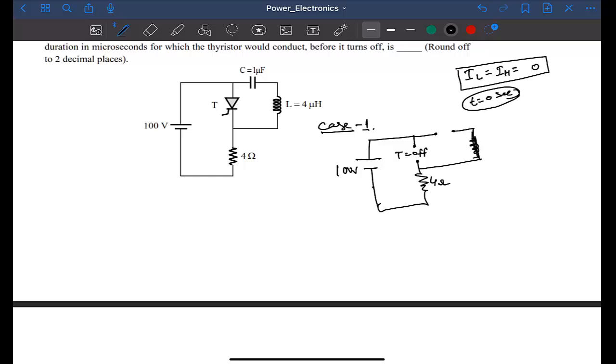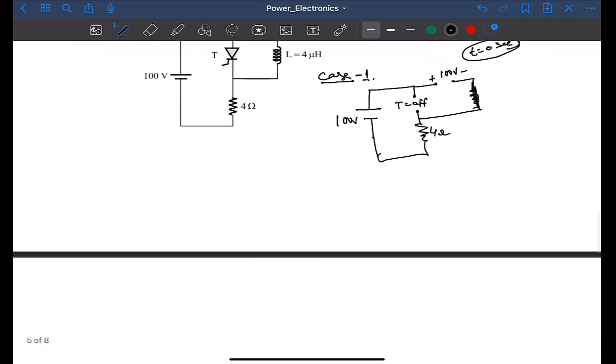This is the situation. So since it is ideal condition, inductor will behave as a short circuit and capacitor will be open. So there will be formation of 100 volt across the capacitor when your thyristor is turned off.